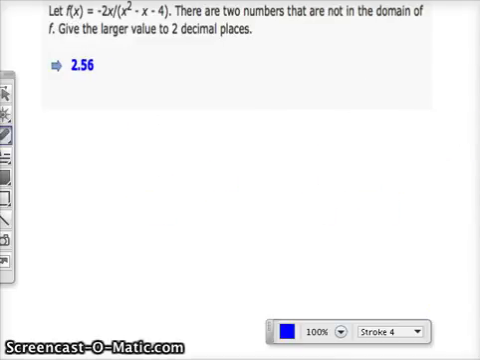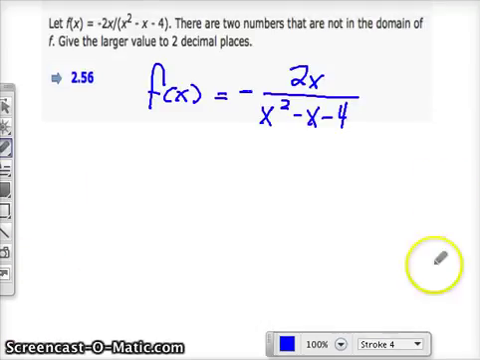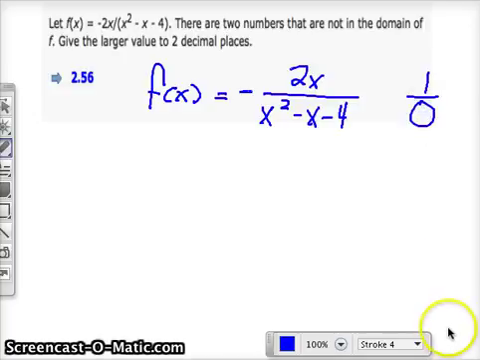All right, next question. Let f of x be this rational function. There are two numbers that are not in the domain. Give the larger value to 2 decimal places. Good question. All right, not in the domain. Remember, you can't have 0 at the bottom of a rational expression.